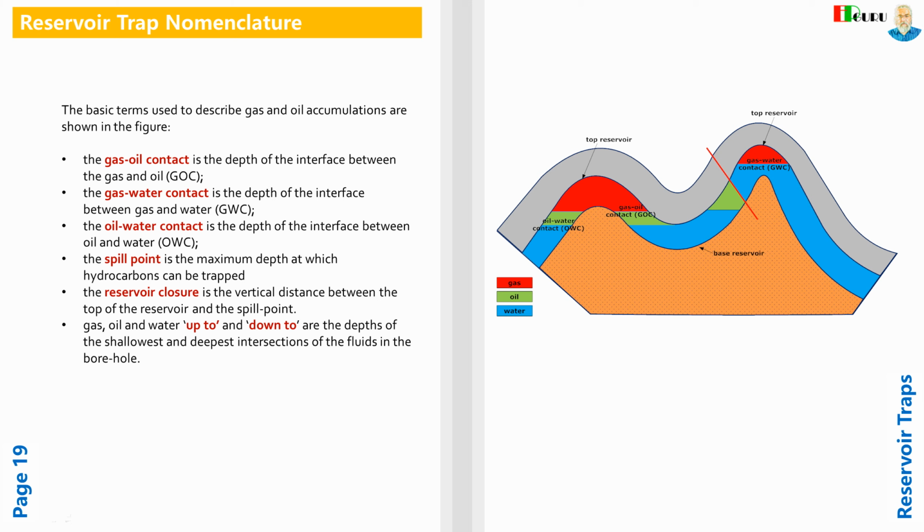The spill point is the maximum depth at which hydrocarbons can be trapped. The reservoir closure is the vertical distance between the top of the reservoir and the spill point. Gas, oil and water up to and down to are the depths of the shallowest and deepest intersections of the fluids in the borehole.